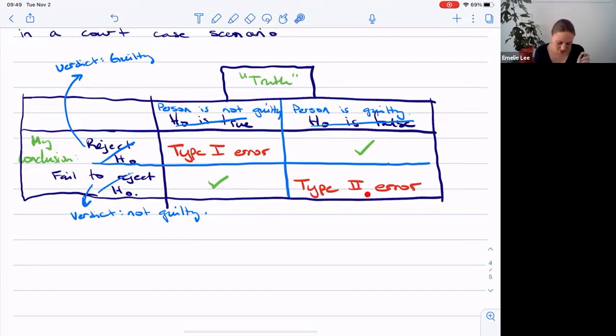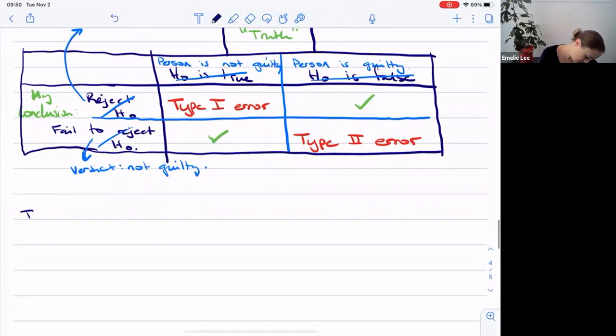A type 2 error in this case is basically letting a guilty person, because the person is guilty, but they get a verdict of not guilty. So those are our two outcomes.